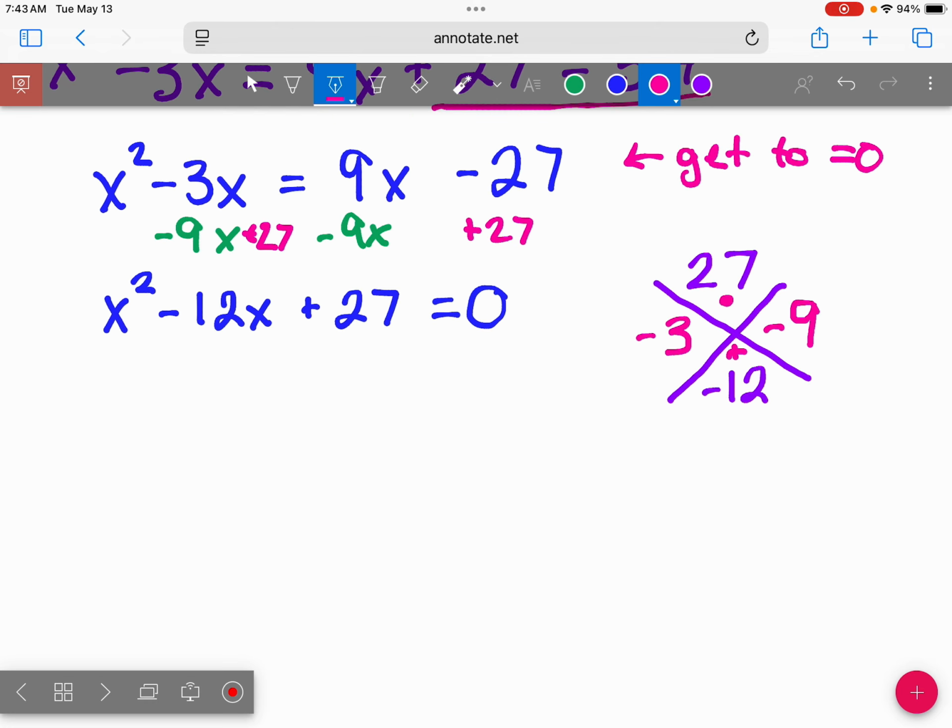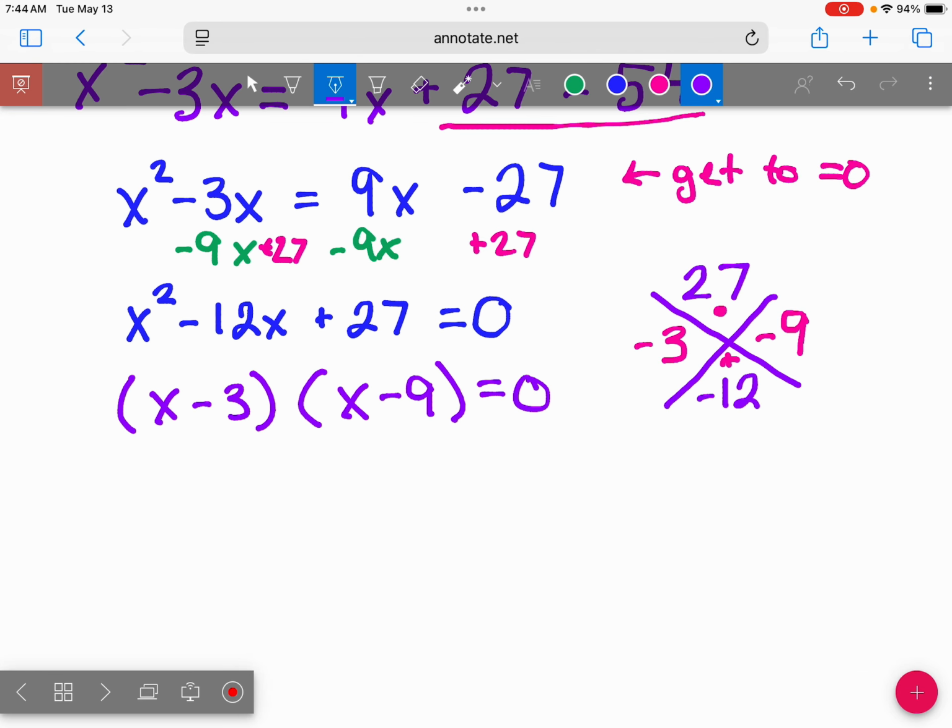That means I can write this in factored form as x minus 3 and x minus 9. If you want to put it through the full box to get it into factored form, absolutely valid, but we can take our little shortcut since our a is 1.